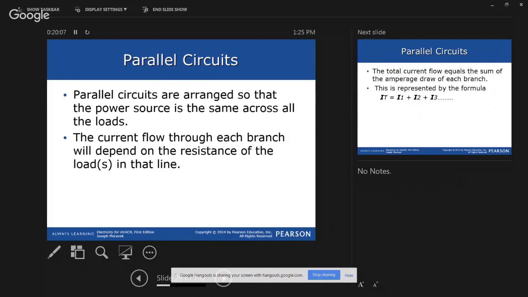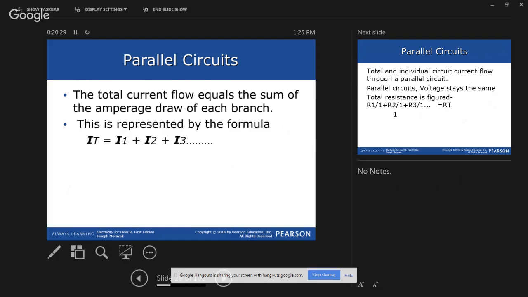Parallel circuits, on the other side of the spectrum, are arranged so that the power source is the same across all loads. So what that's telling me is that voltage is going to be the same through everything. Current flow through each branch will depend on the resistance of the load in that line. Total current flow equals the sum of the amperage draw on each branch.